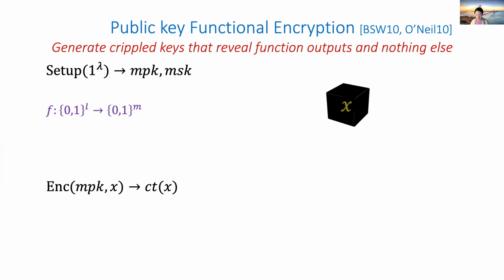The crucial difference is that functional encryption not only allows us to compute on the encrypted input, but also allows us to recover the output using a crippled key. These crippled keys are generated using the master secret key together with a particular function, and the resulting secret key is what we also call a functional key and is tied to a particular function.